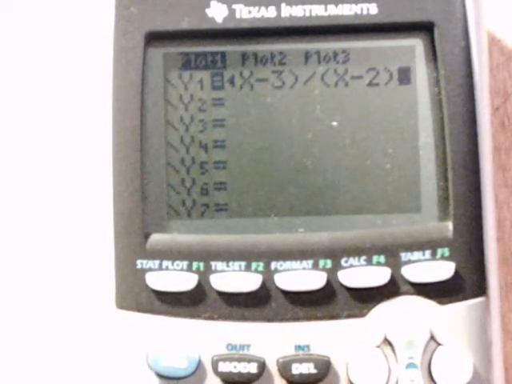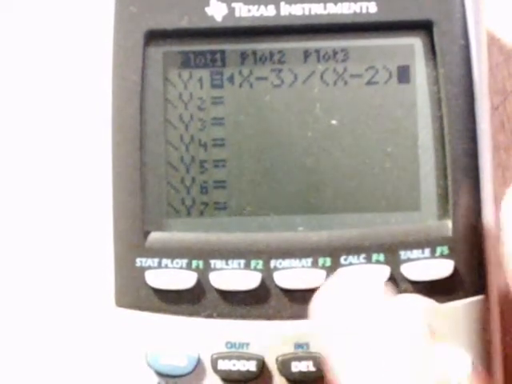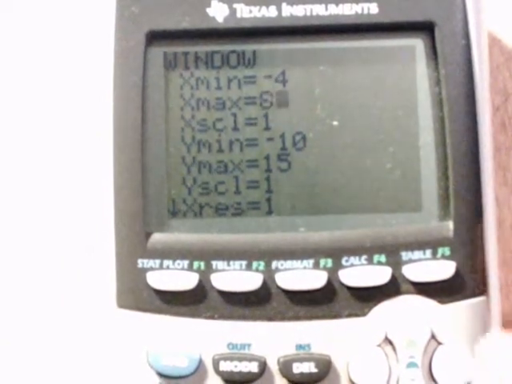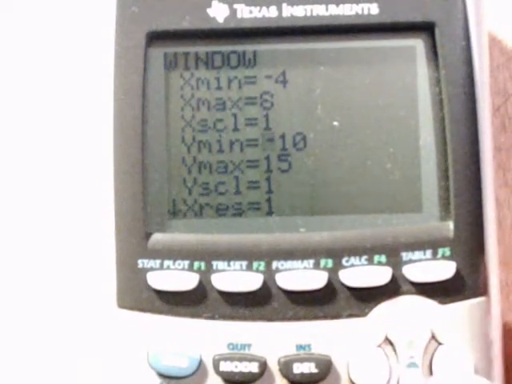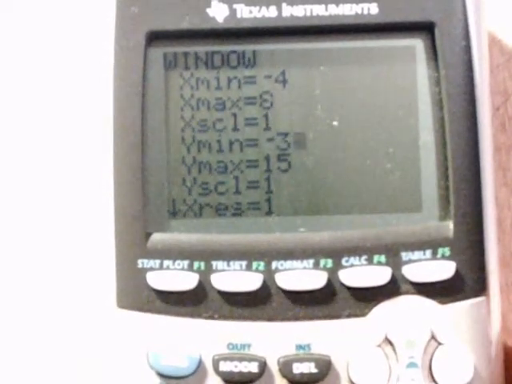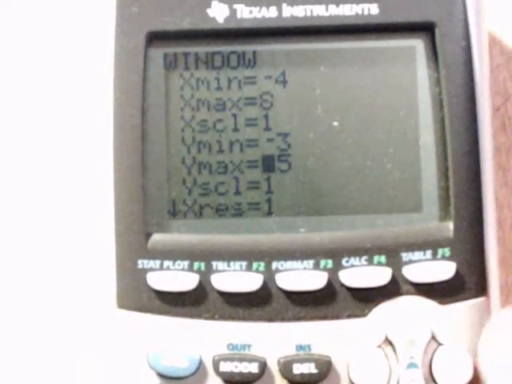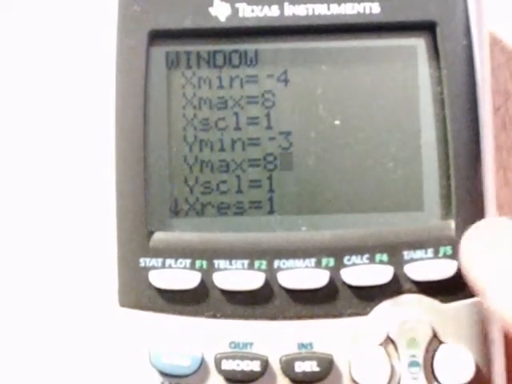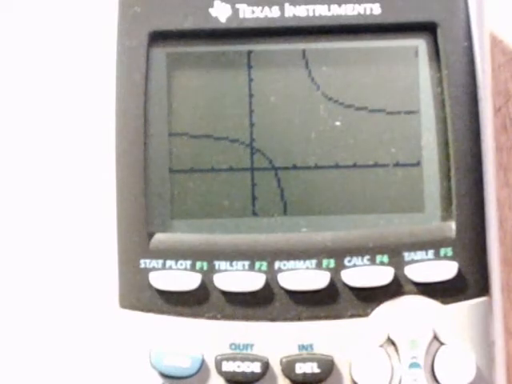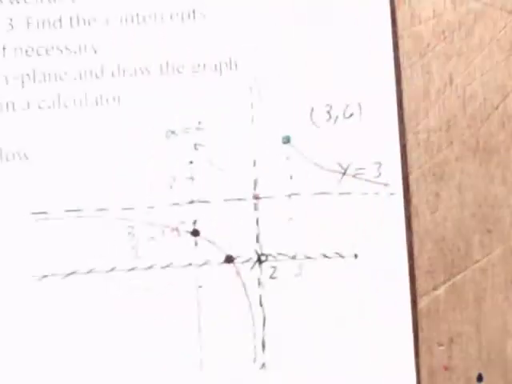Then I'll use window, let's see, I use window minus 4 to let's say 8, and y I use from let's say minus 3 to let's say 8 again. Let's say graph. See, here's one, here's another one, just like that. Looks exactly like what I have here.